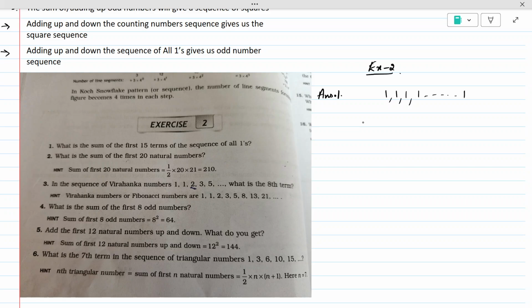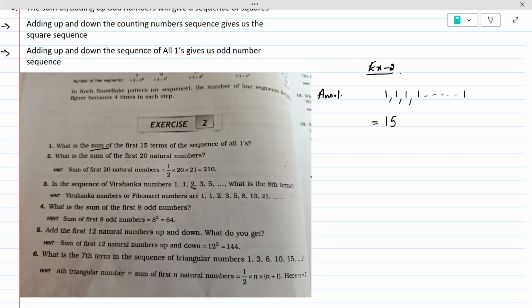Now what we need is the sum. We have to find out the sum of these terms. So the sum will be what? It will be 1 plus 1 plus 1 till the 15th term. That is, 15 ones we have to add. So if we add 1 15 times, the answer we will get is 15 only.